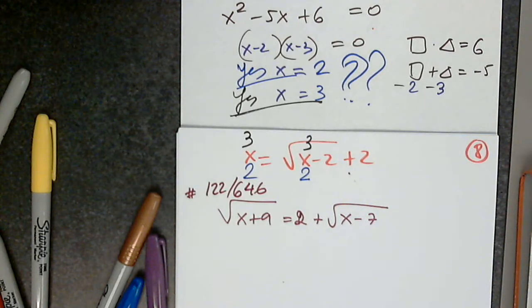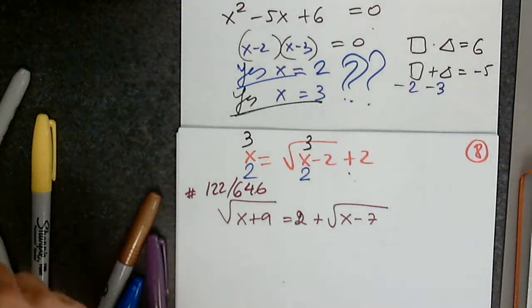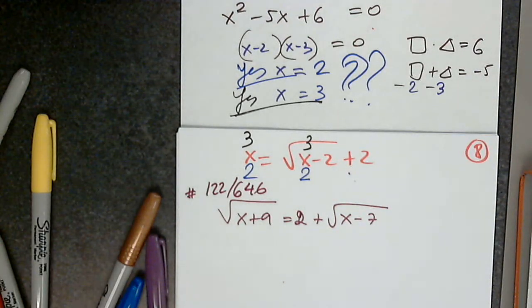Okay, so what type of equation is it? Radical. How do I solve a radical equation with square roots in it? Because if it had cube roots in it, I would have done something else. If it had fourth roots in it, I would have done something else as well. But it has square roots. So what do I have to do to both sides?